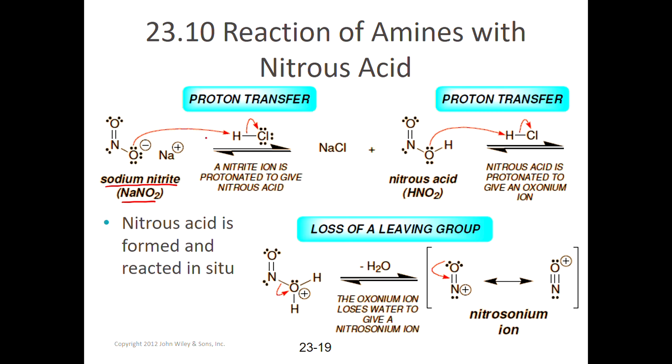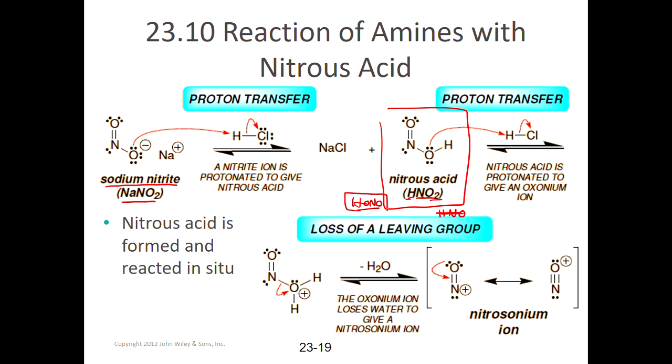Well, when these reactants come together, the oxygen picks up a proton and I get nitrous acid. So instead of showing these two, sometimes you just see nitrous acid. Sometimes it's written as HNO2, sometimes it's written as HONO. Either way, you've got 2 oxygens, a nitrogen and a hydrogen.